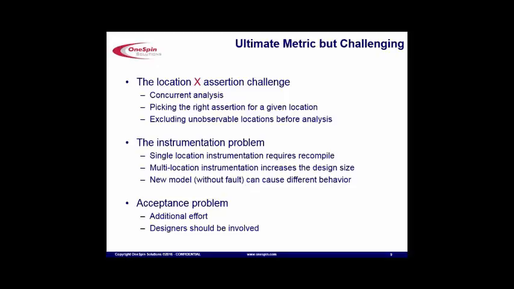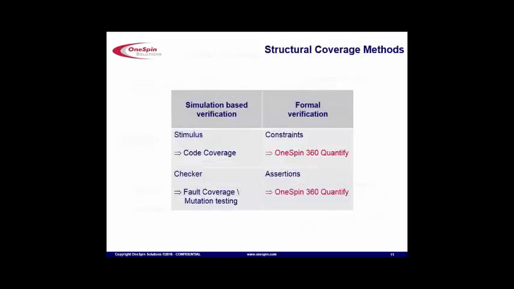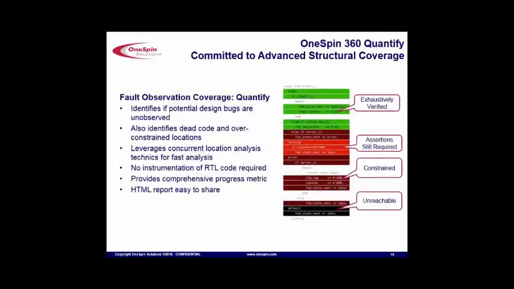We at OneSpin Solutions, despite all the challenges, are committed to advanced structural coverage. Our tool identifies potential design bugs by finding unobserved locations. It also identifies dead code and over-constrained locations.